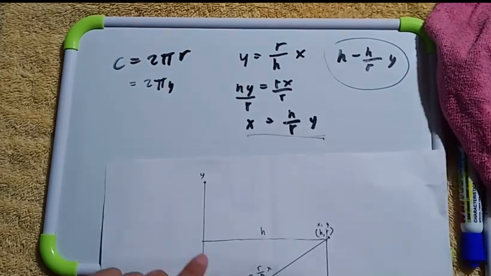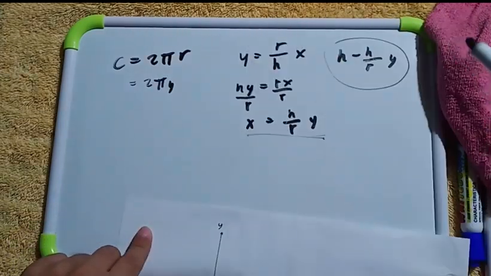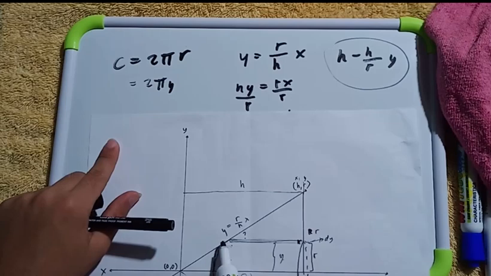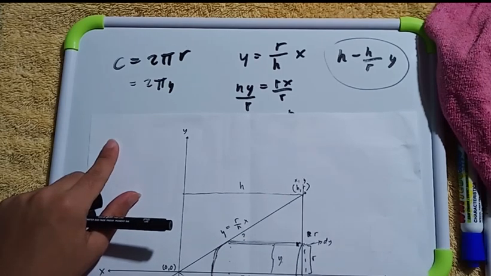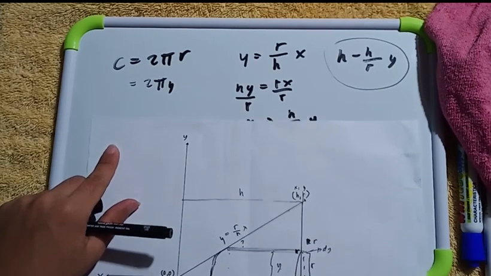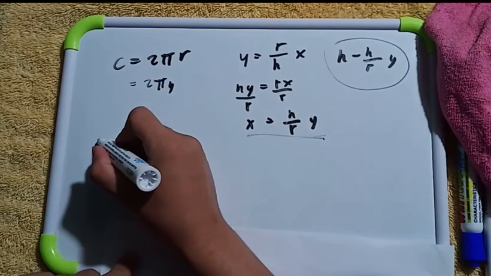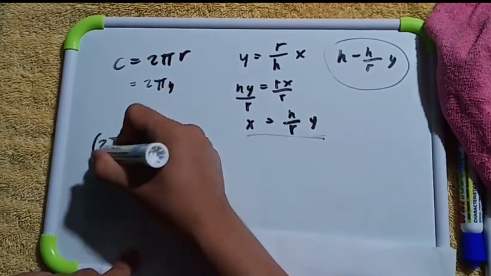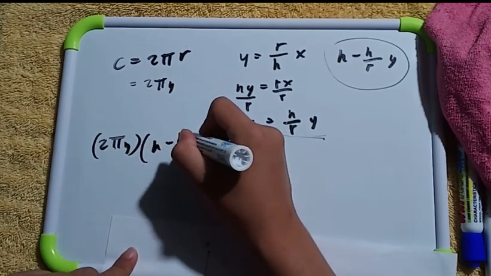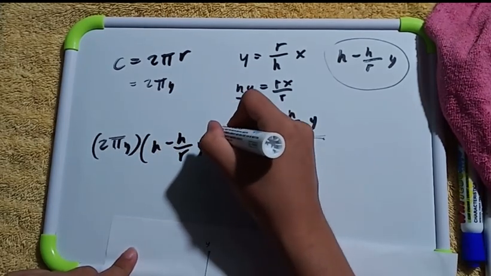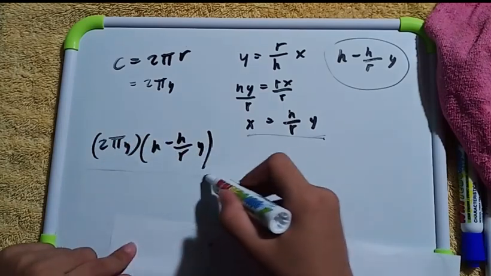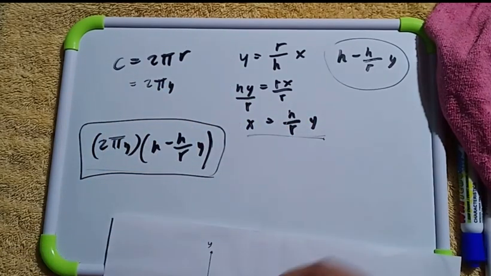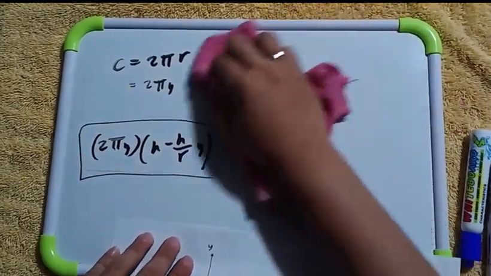And then, i-multiply lang natin yung circumference ng circle times yung length nito para makuha yung area. Saka natin i-integrate. So, ayun, 2 pi y times h minus h over r y. So, ito na yung i-integrate natin, guys. Dito na tayo mag-start mag-integrate.